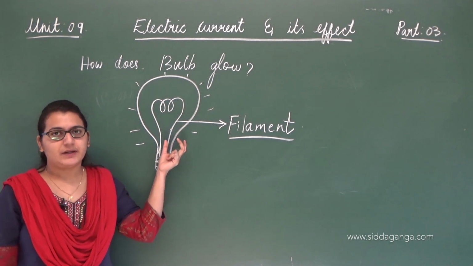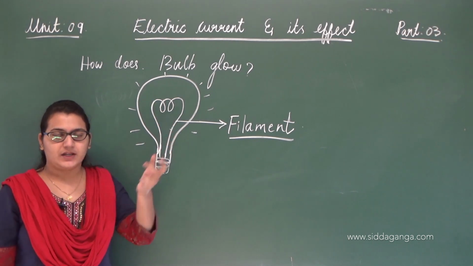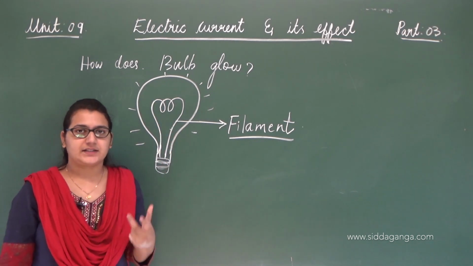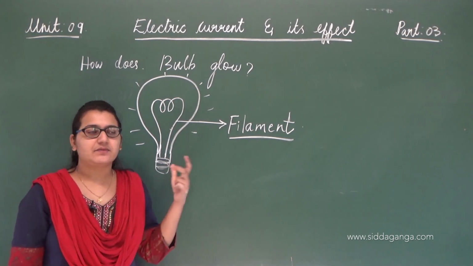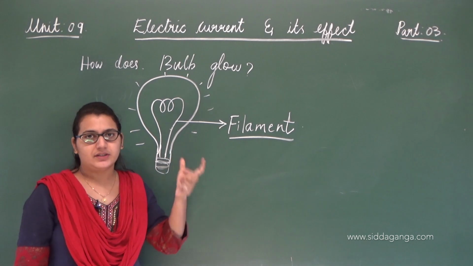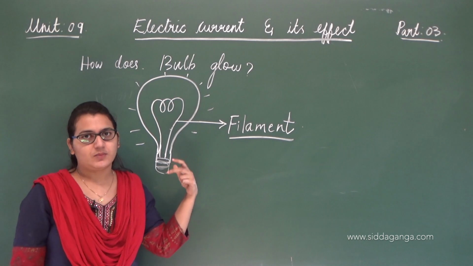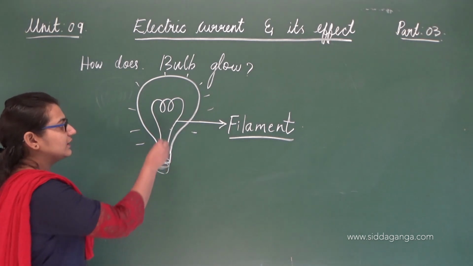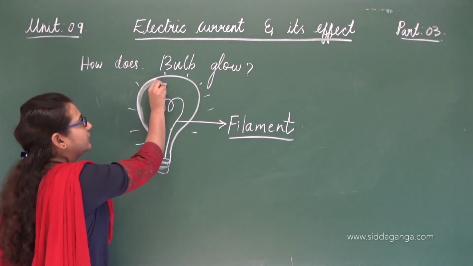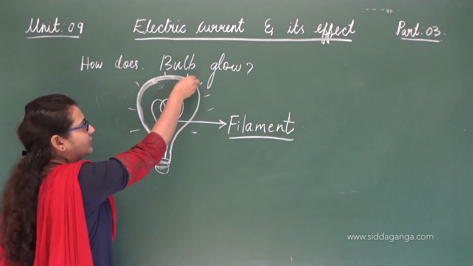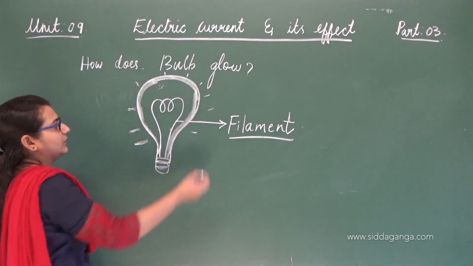The metal used for making the filament reacts at high temperatures with the oxygen, and the bulb burns. It just bursts out due to the reaction with the oxygen in the atmosphere. So the filament is enclosed in a glass chamber which is devoid of oxygen.